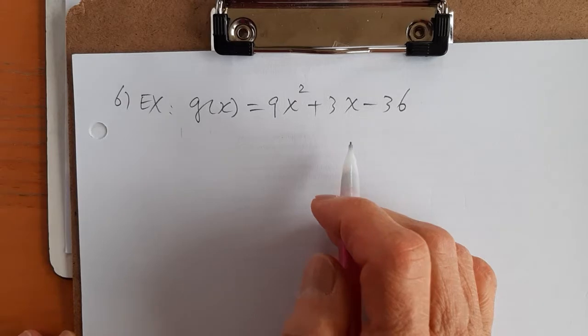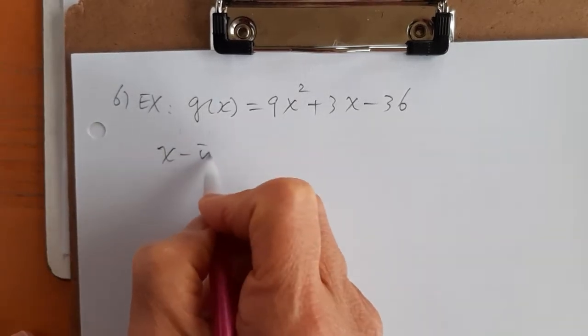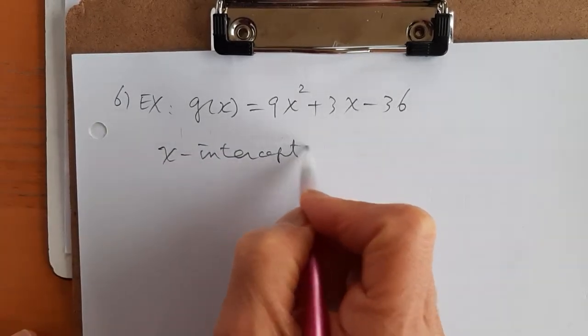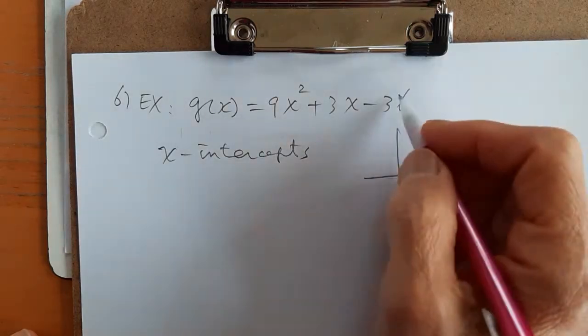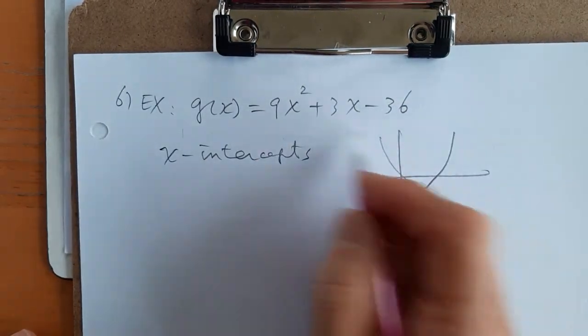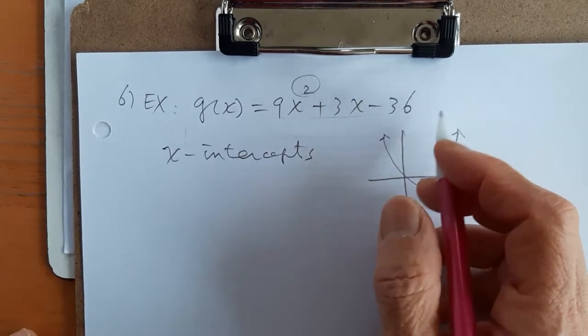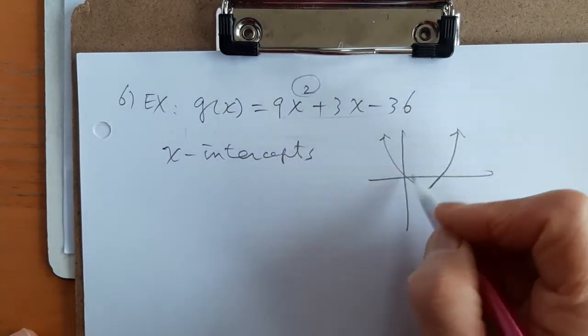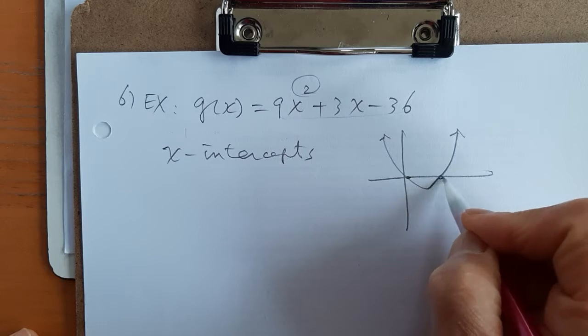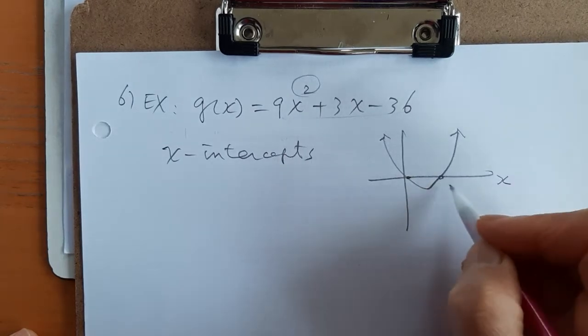Find the x-intercept. This is a parabola, since it is degree 2. It intersects the x-axis at two points.